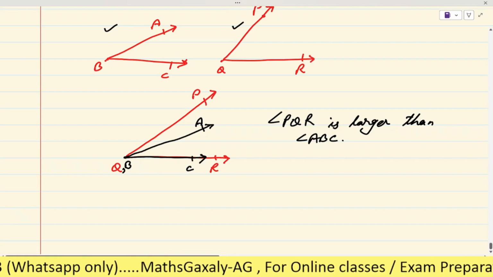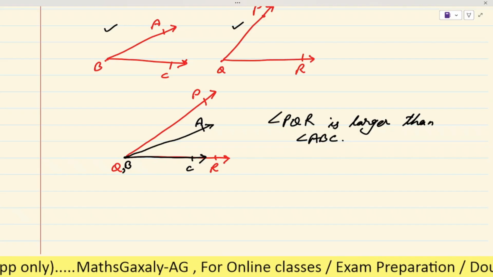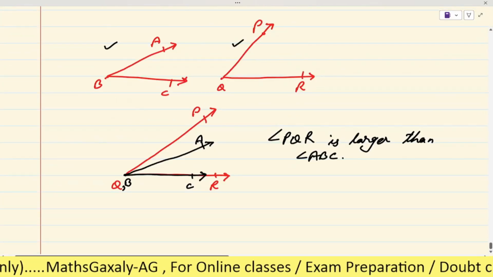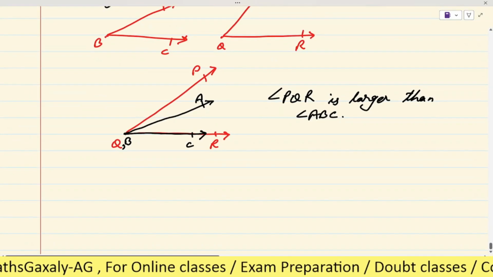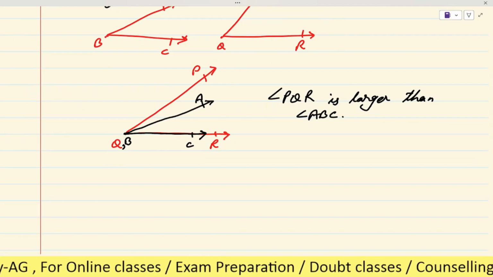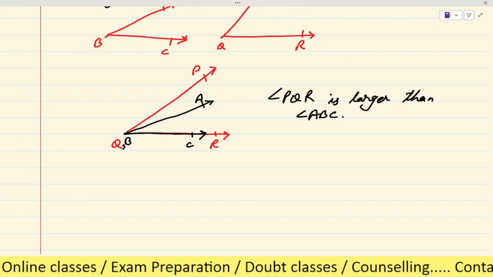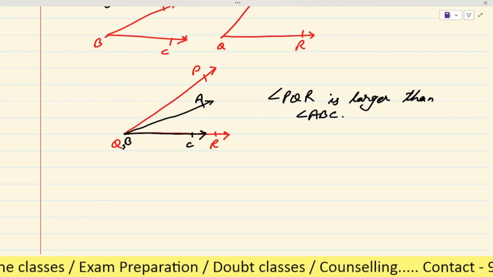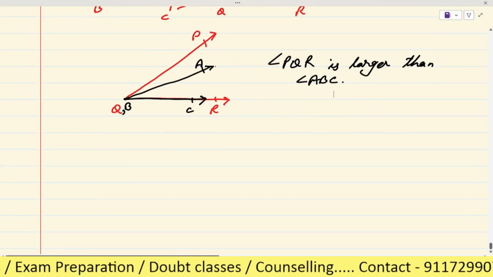Is it clear? Now the second thing is equal angles. This is comparing angles, and in this one, the equal angle. If the corners of any two angles match and the arms overlap with each other, then the angles are equal to each other.